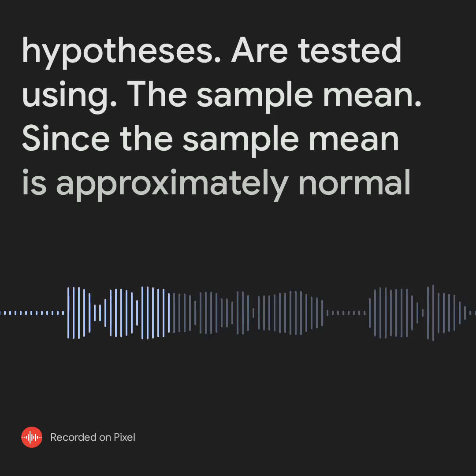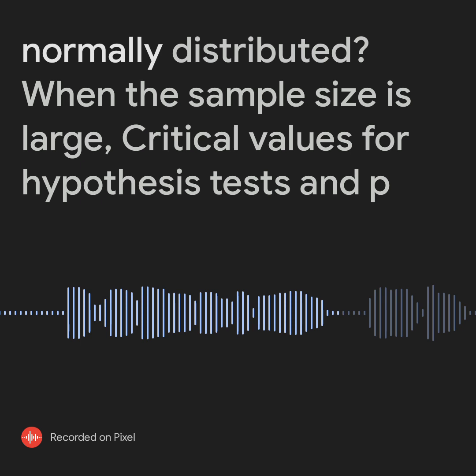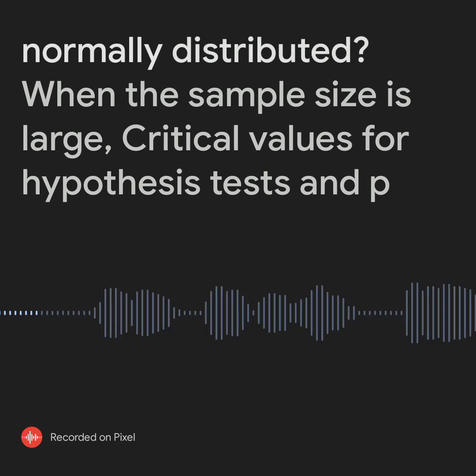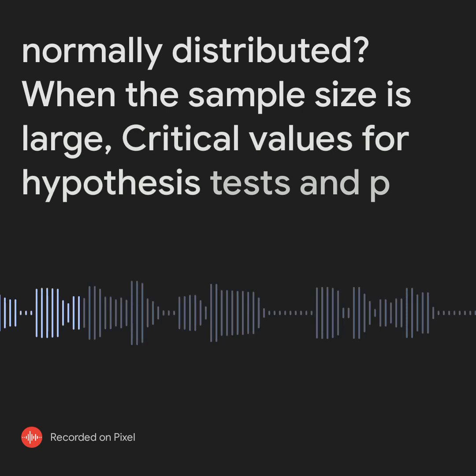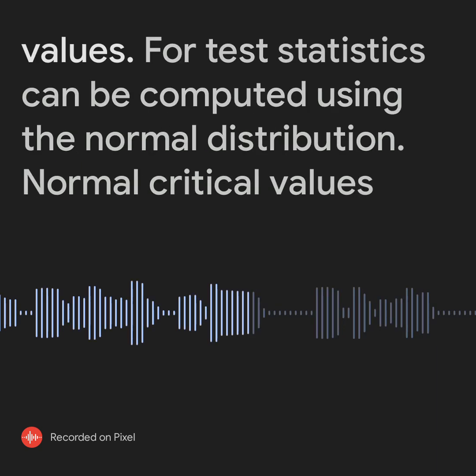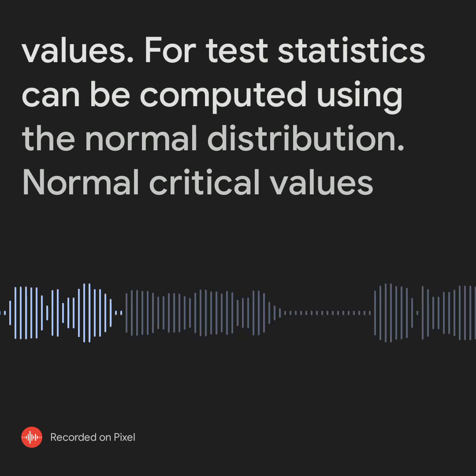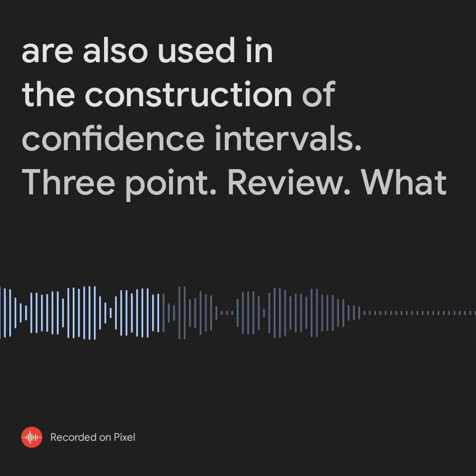Since the sample mean is approximately normally distributed when the sample size is large, critical values for hypothesis tests and p-values for test statistics can be computed using the normal distribution. Normal critical values are also used in the construction of confidence intervals.